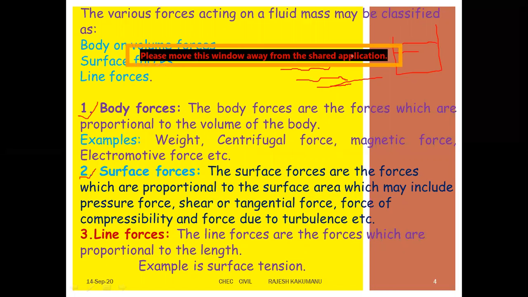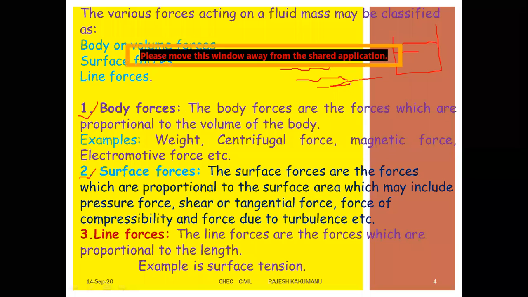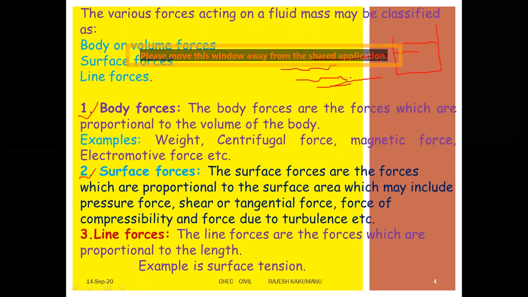The body forces are proportional to the volume of the body, so based upon the volume we consider the body forces. The surface forces are the forces which are proportional to the surface area, which may include the pressure force, shear force, tangential force, force of compressibility, and force due to turbulence.